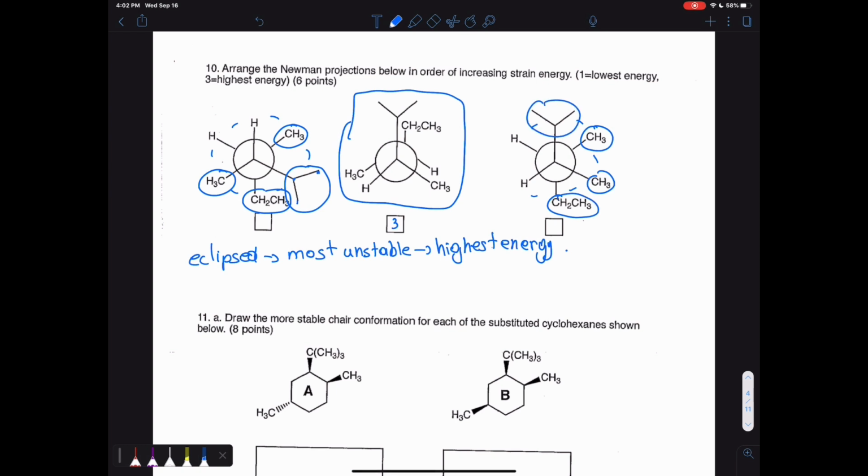This propyl is next to a hydrogen from one side, next to a methyl from one side. But this propyl right here is next to an ethyl and a methyl from both sides. So this tells us that this one is less steric, meaning that this one is the one with the least amount of energy, and this one has the second highest amount of energy, so that will take number 2.